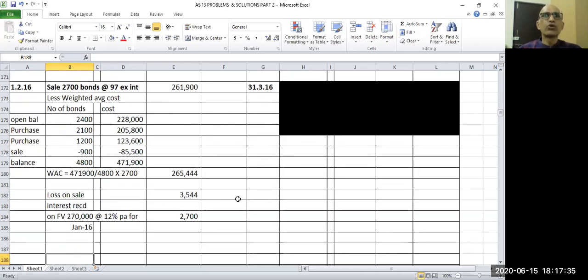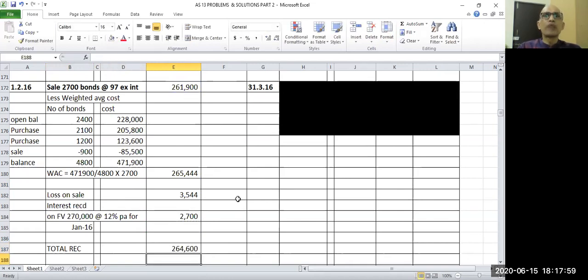So you are going to receive 2,61,900 for selling of bonds. You are also going to receive 2,700 rupees towards the interest. So if you calculate the total receipt, it is the selling price of bonds plus 2,700.